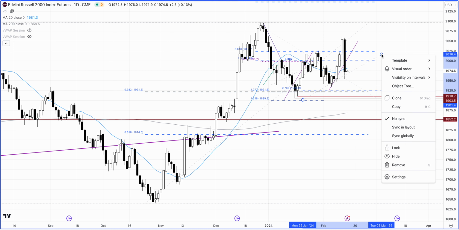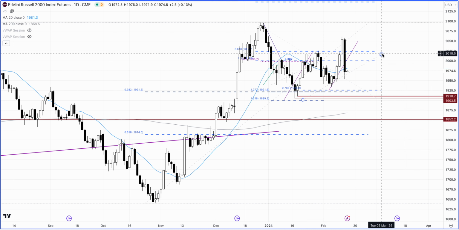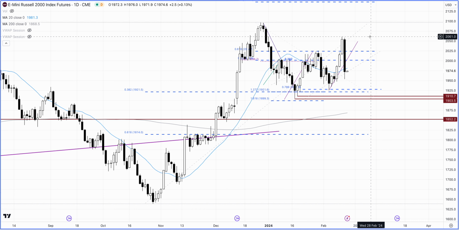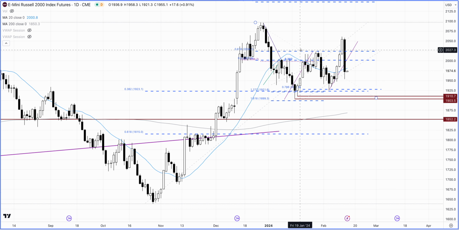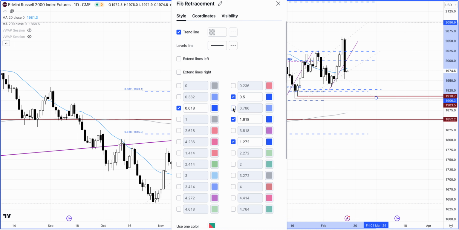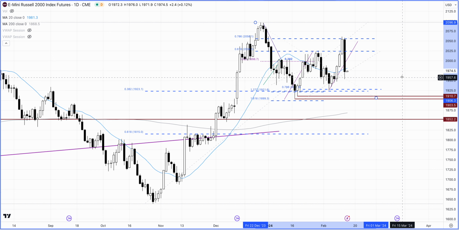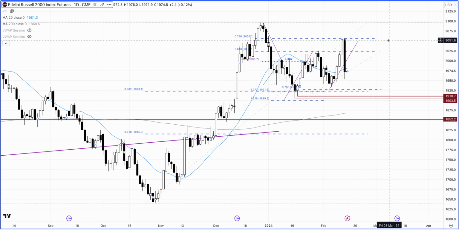Excuse me guys, it's taking a little bit longer, but I need to get this thing done. Okay, yeah, that's why. Is this one? Here we go. Yeah, right to the 78.6% retracement, and we have seen a pretty strong move out of it.